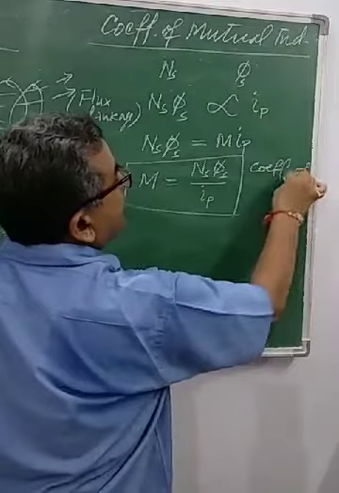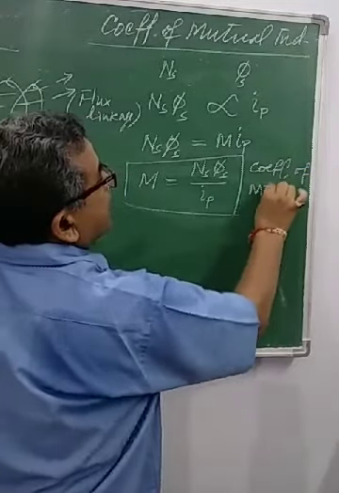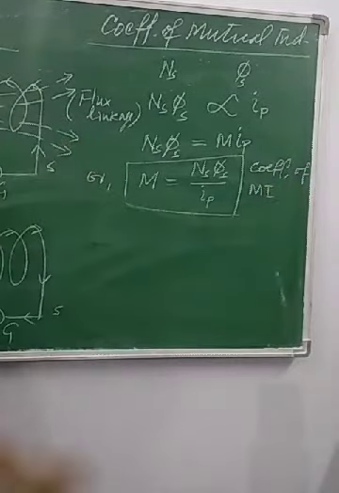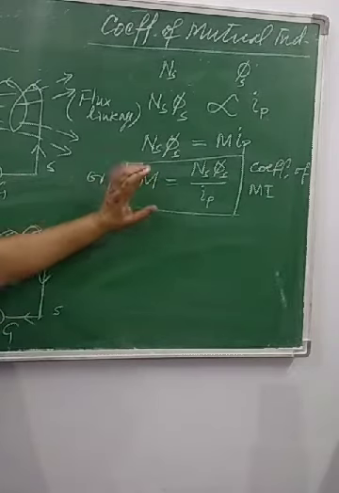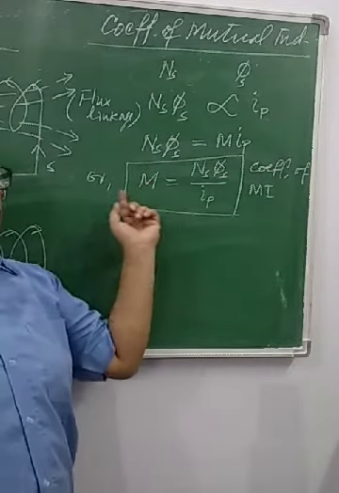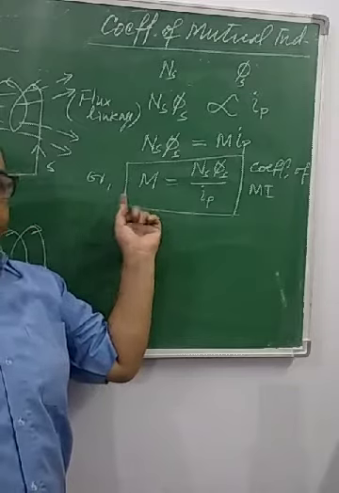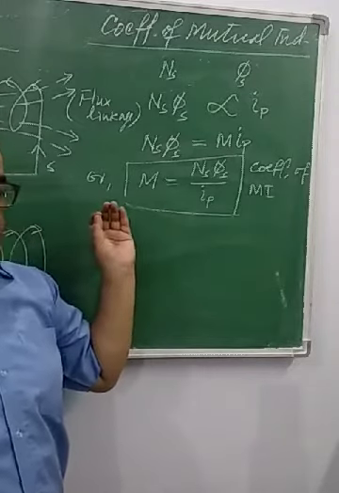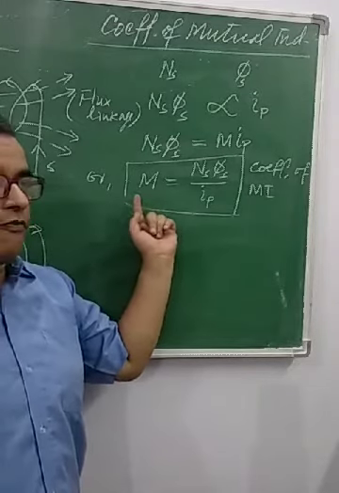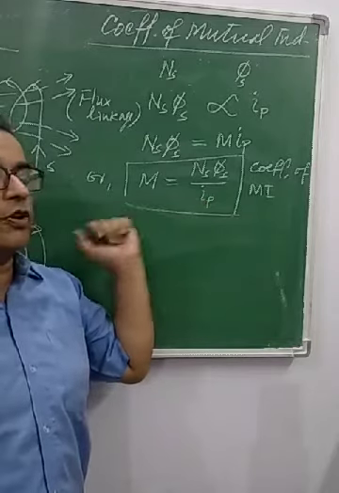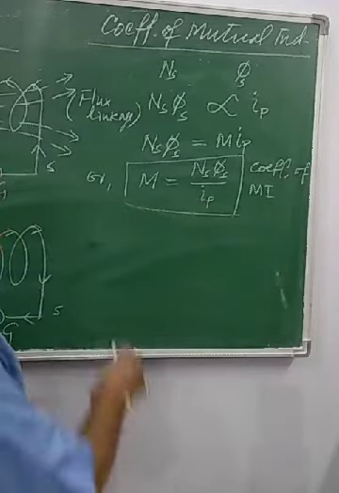We can define this. This coefficient of mutual induction is asked in the board examination for half a mark, and in half a mark, the unit of this. So how to define this?